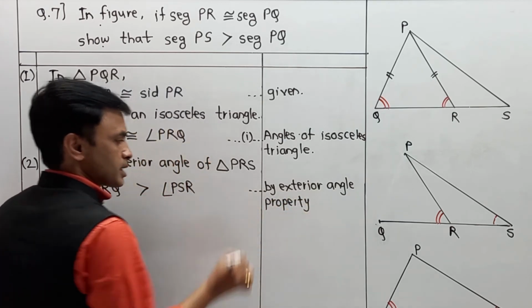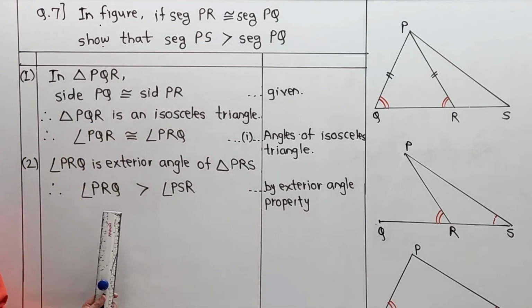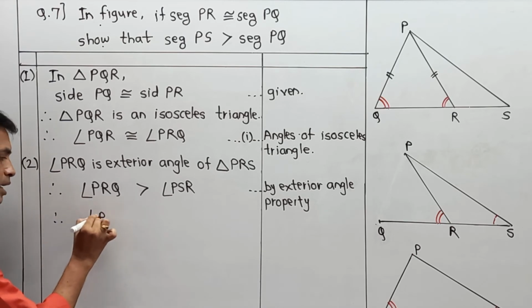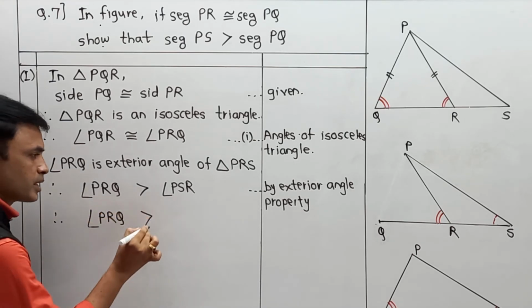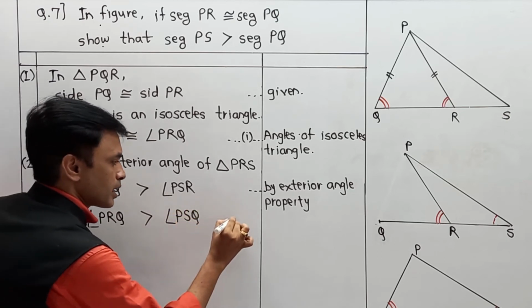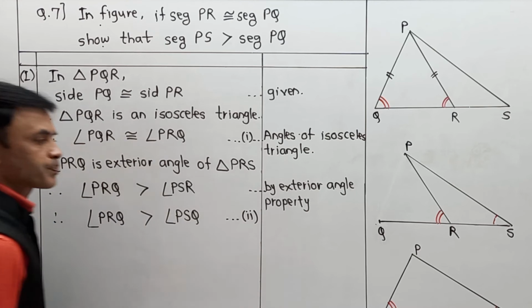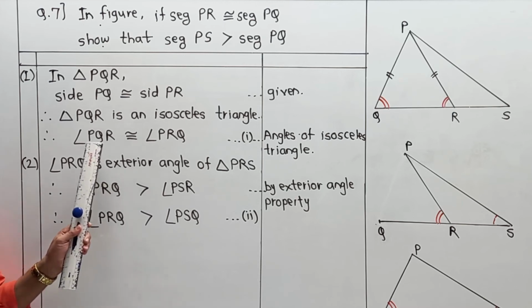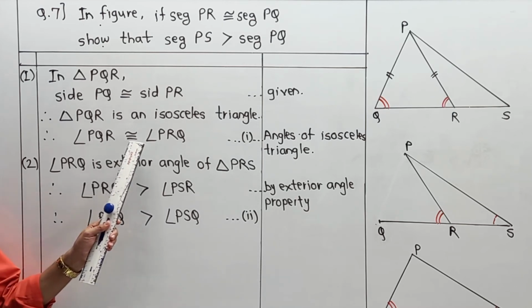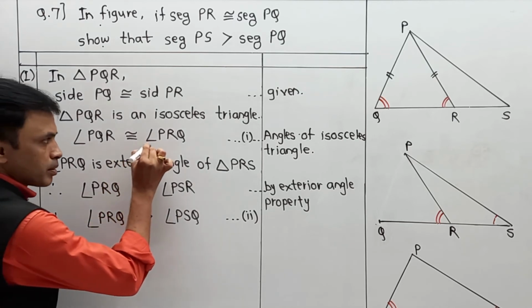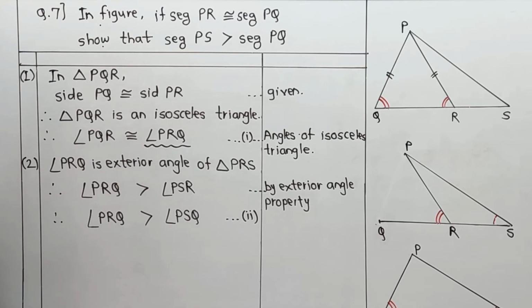I am going to call it as equation 2, or slightly I am going to modify over here and the part is therefore angle PRQ is greater than angle PSQ, and now I am going to call it as equation number 2. Now remember, there is a comparison between one by one part and we have to understand over here. In first case we have written PQR is equal to PRQ. So here it is your PRQ from equation 1.